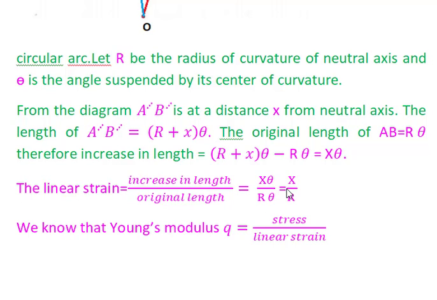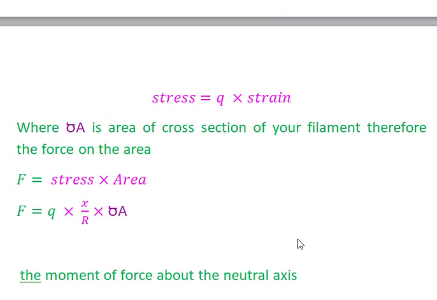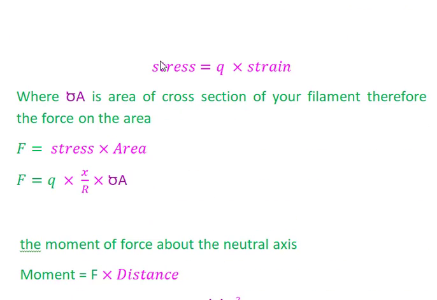On simplifying, the linear strain is equal to x by R. We know well that Young's modulus is a property of the material. Young's modulus Q is equal to stress by linear strain. So the stress is equal to Q into strain.